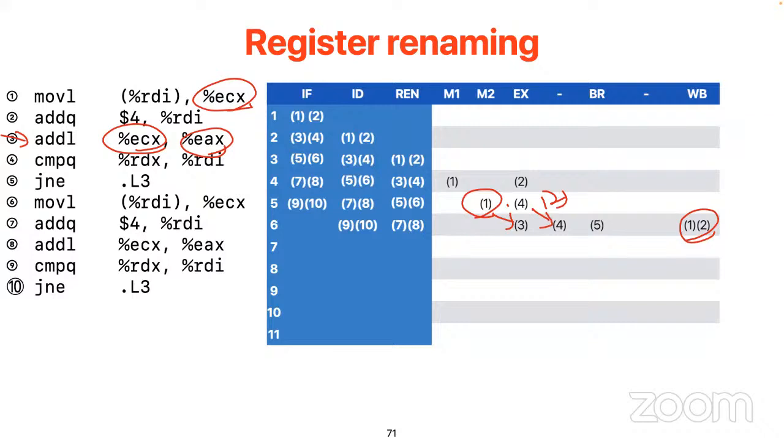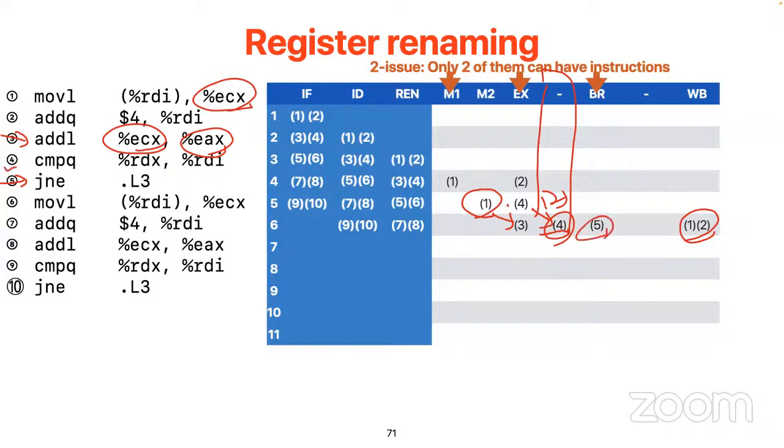And at this time, because this is already an idle slot, even though there is another instruction here, it doesn't affect our capability to issue one more instruction. So 5 is available after 4 finishes, so you can actually put 5 here.